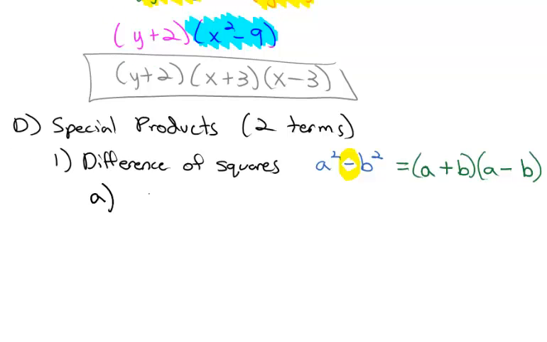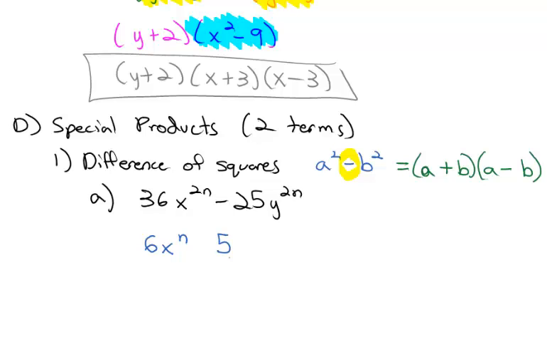So for example, if we had 36x to the 2n minus 25y to the 2n, we can take the square roots of both parts. The square root of 36 is 6. And the square root of x to the 2n is x to the n. Similarly, the square root of 25 is 5.